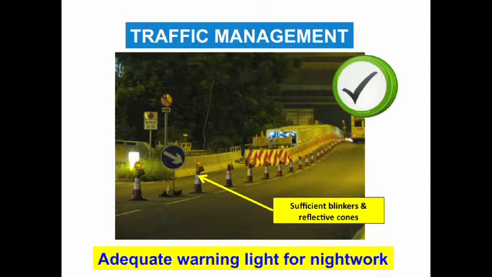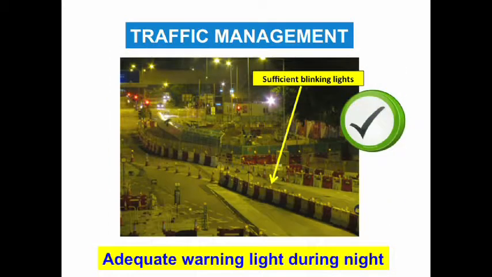This is what it should be like, where there is sufficient illumination, sufficient blinkers and reflective cones to guide the traffic safely through the work zones. This is another good example where there is sufficient lighting through the work zones.